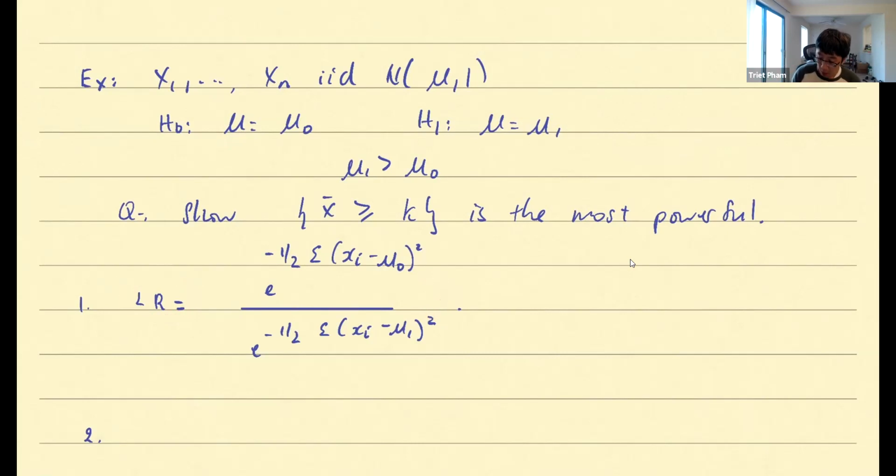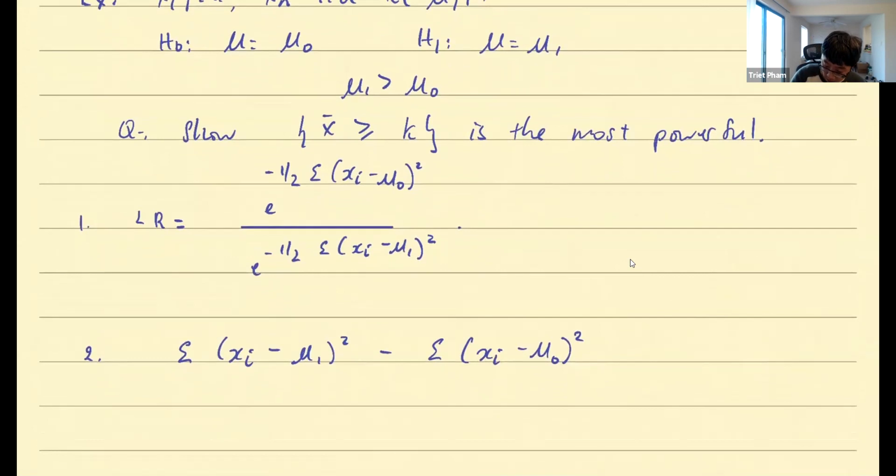Well, but notice, because of the exponential structure, the only part that will play a role is this one. Because of the exponential structure, this is the only thing that you need to work on. Is that okay? And again, I know that I want X bar to show up here.